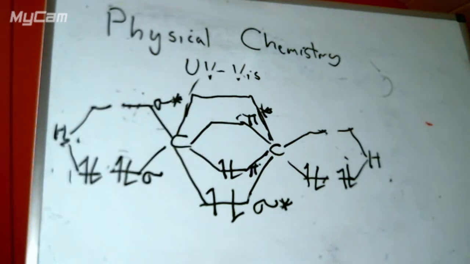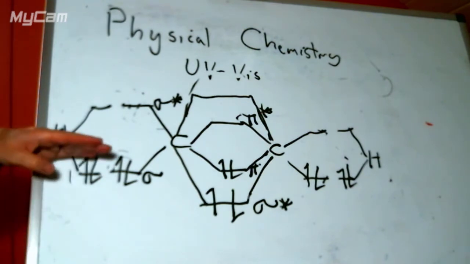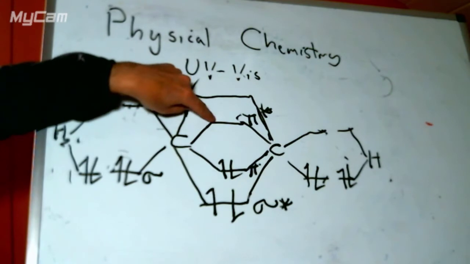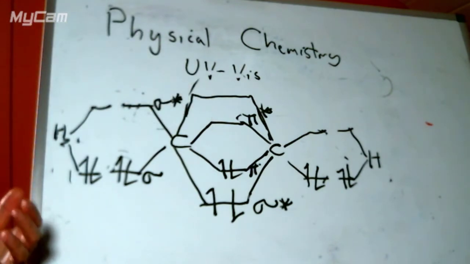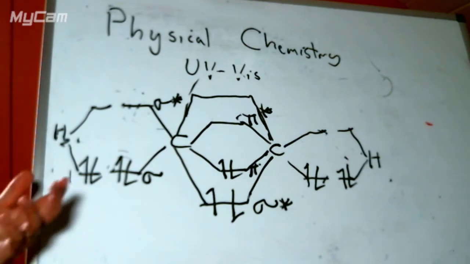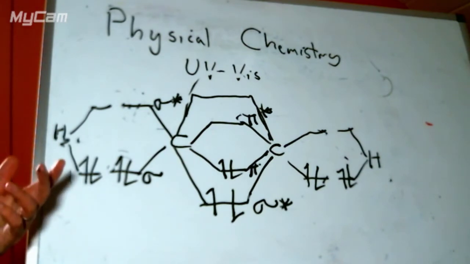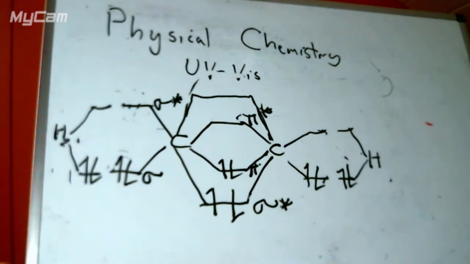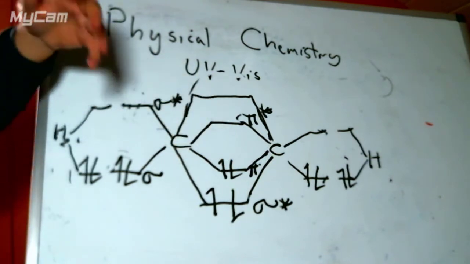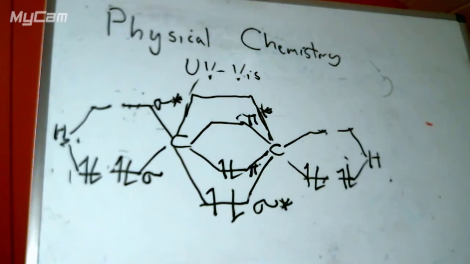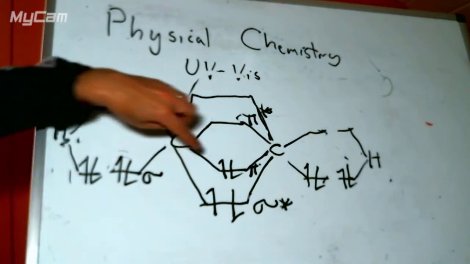And we also are interested in the LUMO, the lowest unoccupied molecular orbital, which is this one, the pi star orbital. So the absolute minimum amount of energy that we can put into our molecule to get an electron transition would be to kick this one up to here. That's okay, it's fairly obvious in this case.